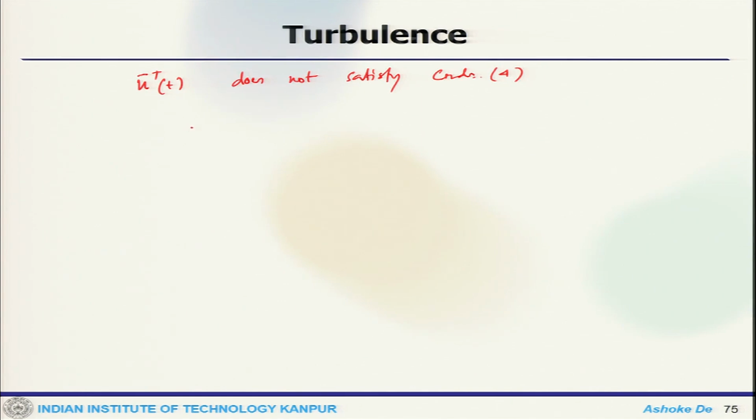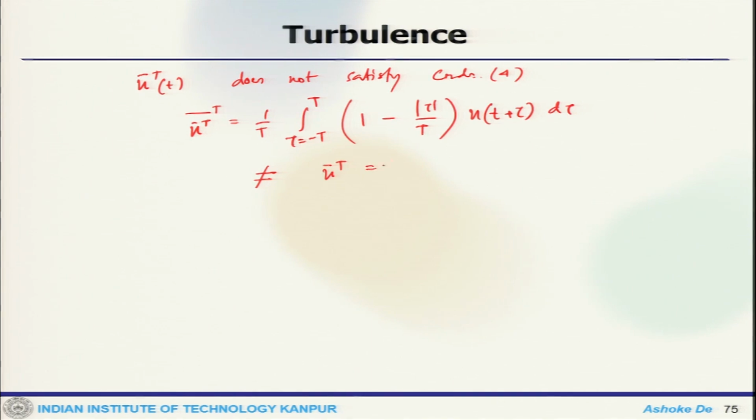For example, time averaging over another time averaging is 1 by T, integral over tau from minus T to plus T of (1 minus tau by T) U(t plus tau) d tau, which is not equal to 1 over T, integral from minus T to T of U(t plus tau) d tau.